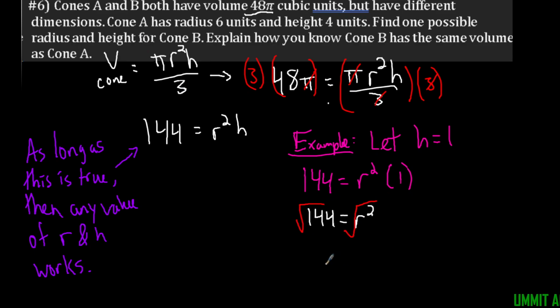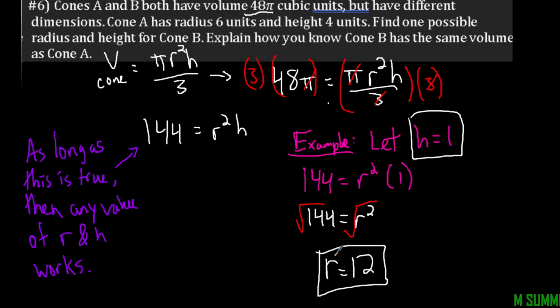So our radius is going to be equal to 12 when the height is equal to 1. So here's one pair of radius and height that would work for that cone, because when we plug them in, it ends up being equal to 48 pi.